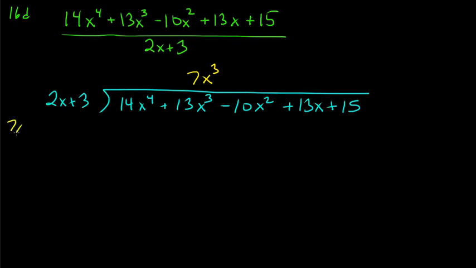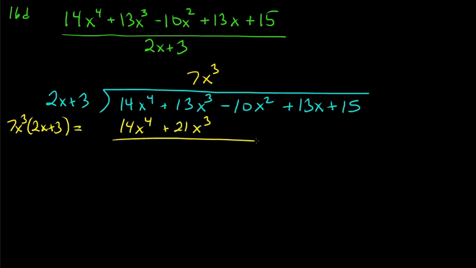So we multiply 7x cubed times 2x plus 3 in our step 2. And we get 14x to the 4 plus 21x cubed. And now we subtract, or we add the opposite. So we're going to change this to a negative, and we're going to change this to a negative as well.